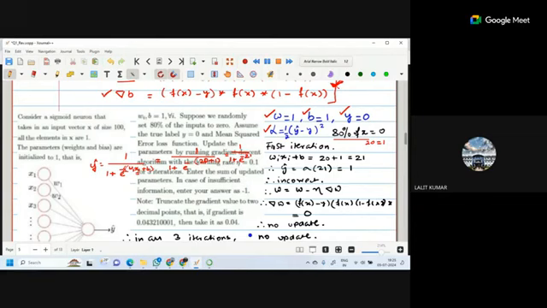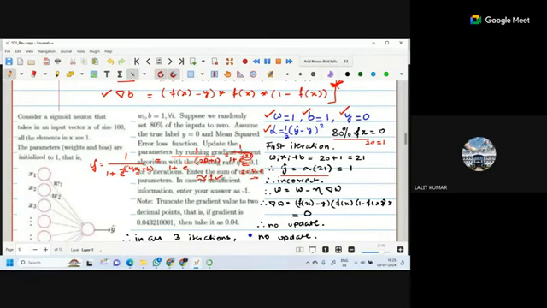Now, whenever this value is very high, e to the power minus 21, the sigmoid value starts closing in on 1. This you can check. In fact, if this is z, after around 5 or 6, it starts converging towards 1. So this 21 is high, so this will become 1. So y hat is 1, which is incorrect.